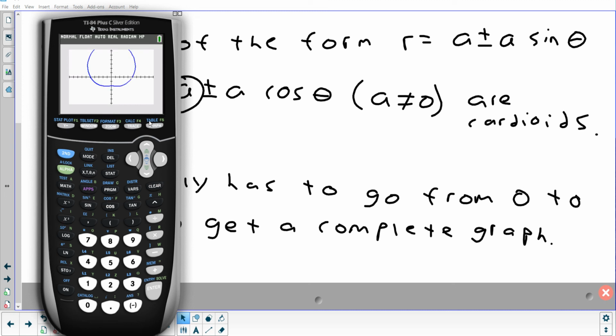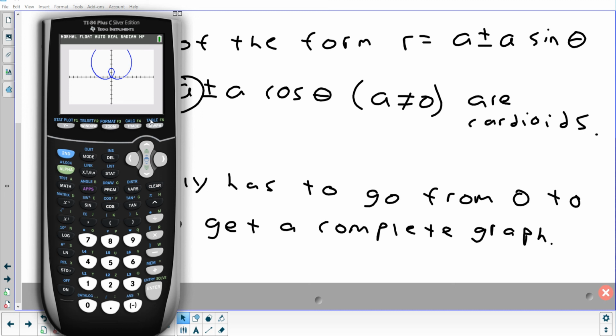What happened there is it reduced the amount that it went in on itself on the graph. Now, if you do it the other way, make the number next to sine bigger, you're going to get a graph that loops back over itself.